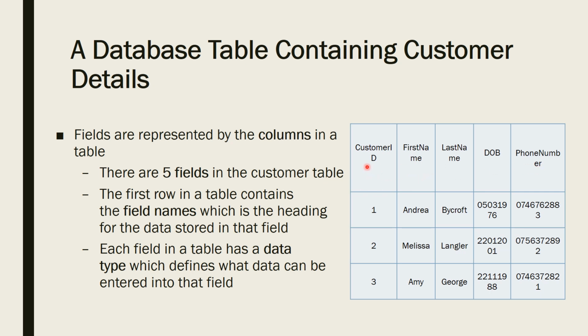Fields are basically the column names. 1, 2, 3, 4, 5 fields. And the first row is basically one record. Okay, second record, third record. All the rows are represented by records. Each field in the data has a data type which defines what data can be entered into that field.